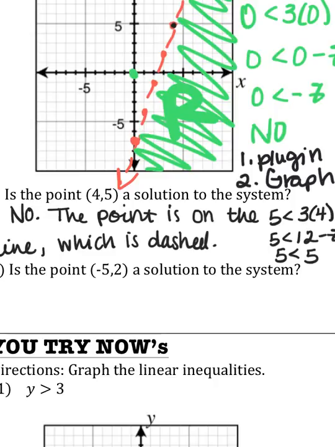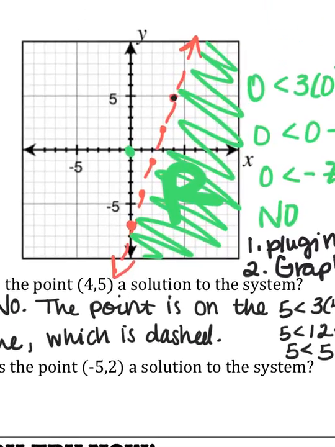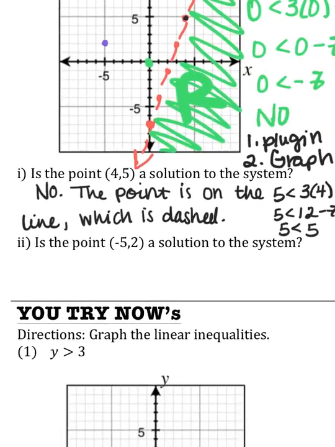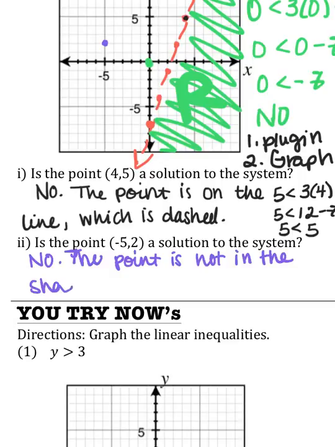So the next point, negative 5, 2. Negative 5, 2 would be up there, which is not in my shaded region. The point is not in the shaded region.